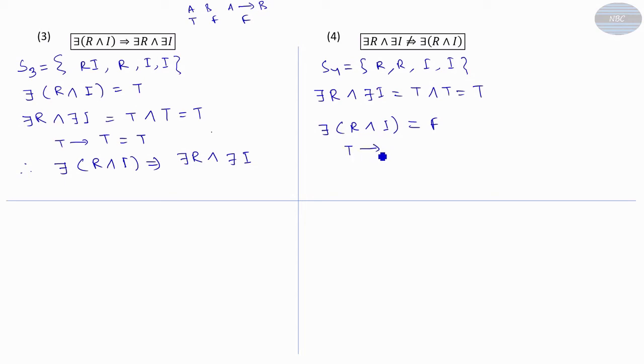So we have true implication false is equal to false. Hence there exists R conjunction there exists I does not imply there exists R conjunction I. It is not valid.